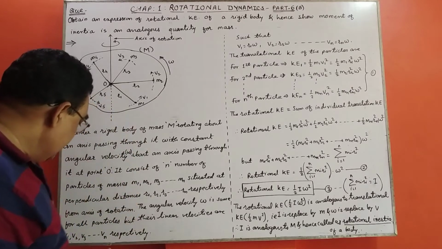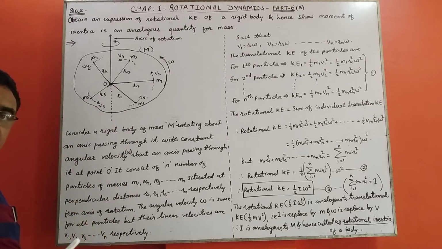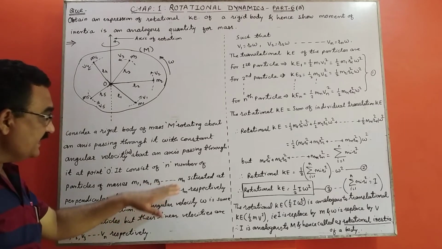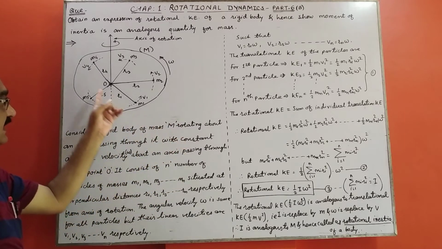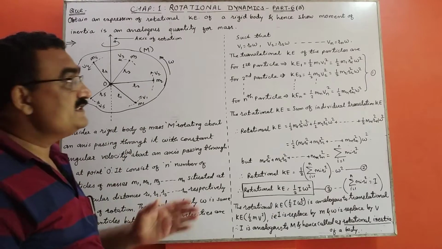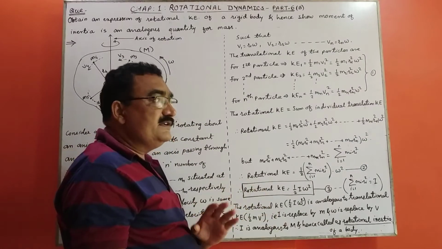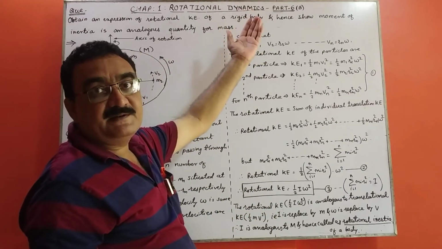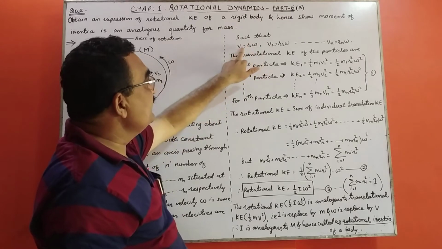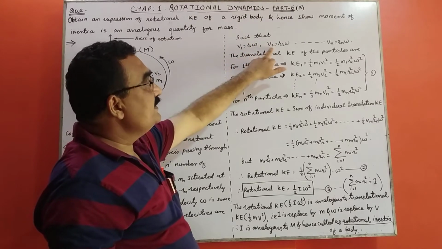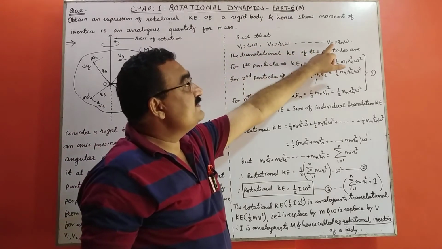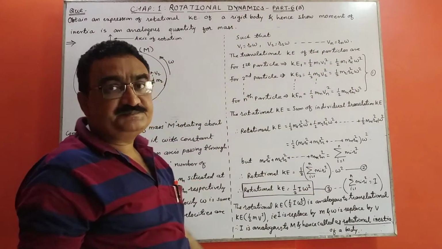Now if v1, v2, v3 are the velocities, omega is the angular velocity, r is the distance, then from the relation between linear and angular velocity, v is equal to r omega. From that relation we can write v1 is equal to r1 omega, v2 equal to r2 omega, and in this way vn is equal to rn omega.